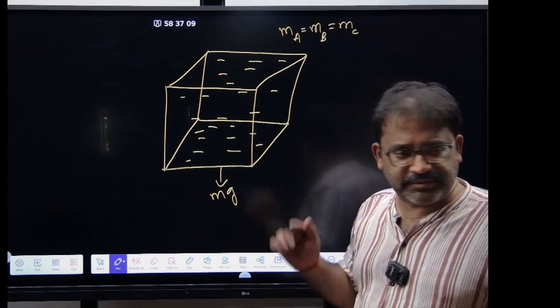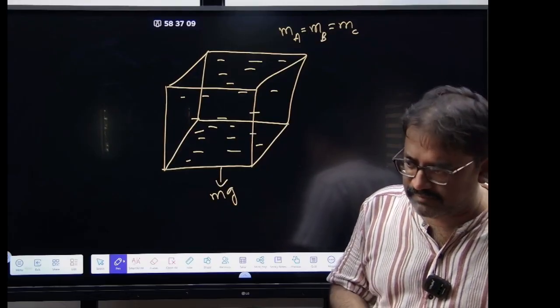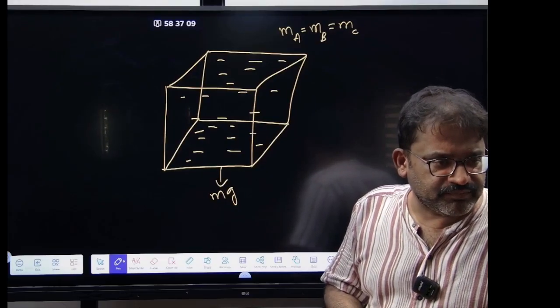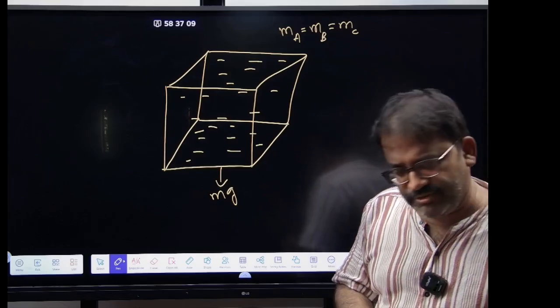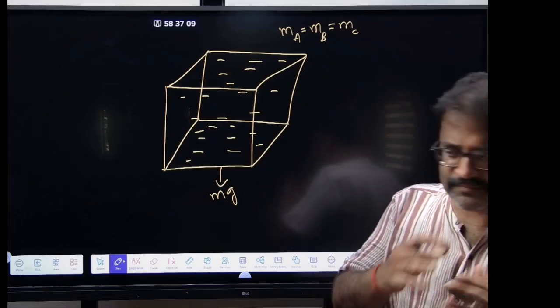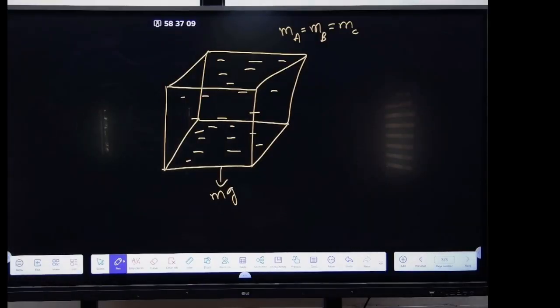That means the right option is option 3. What is it, Buddha? The same in all the vessels. Verified. Correct? Very good.